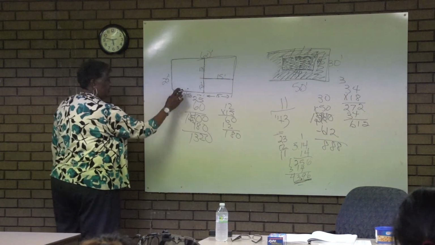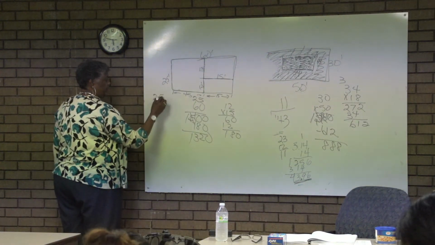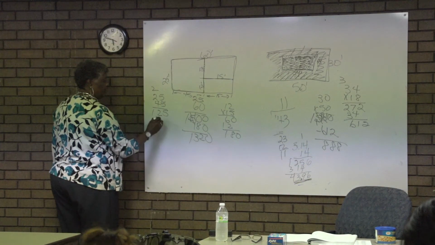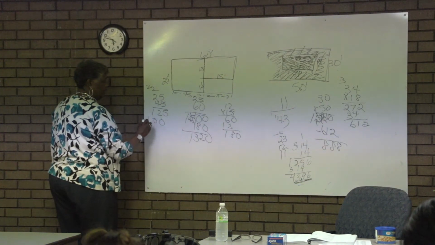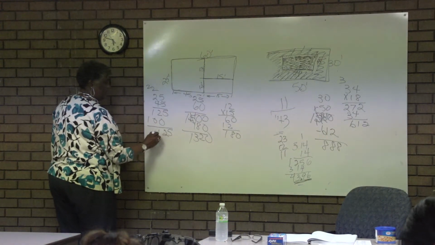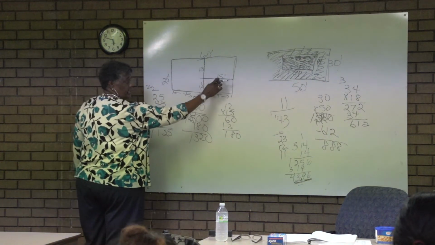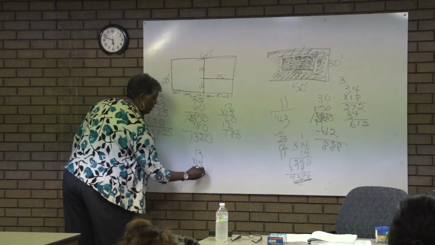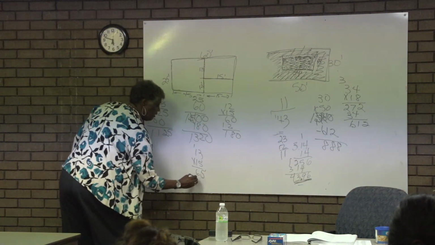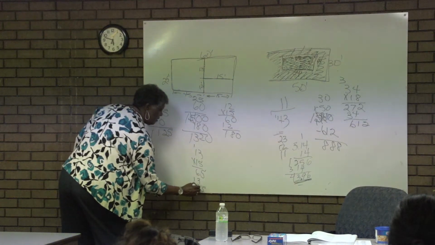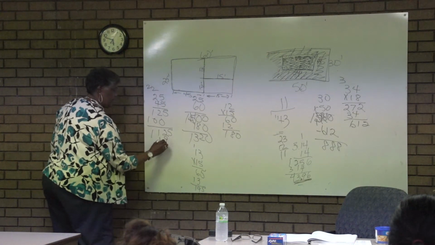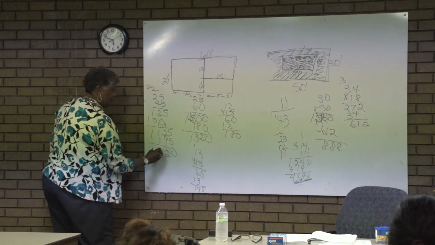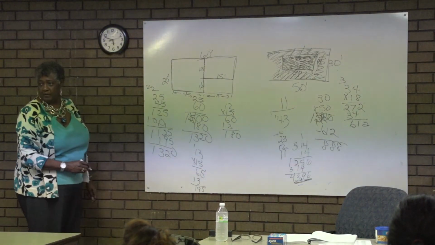Or we could have said 25 times 45 and then the 13 times 15, add them together, you still get your 1,320.